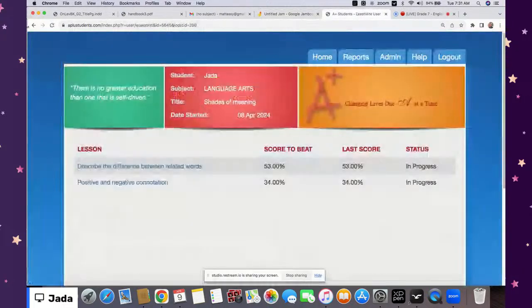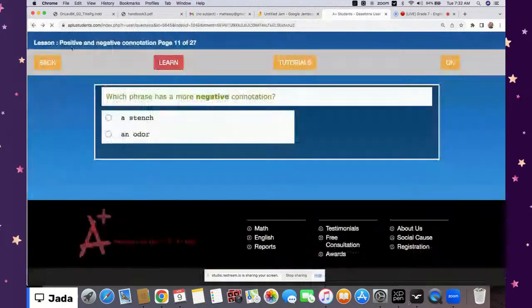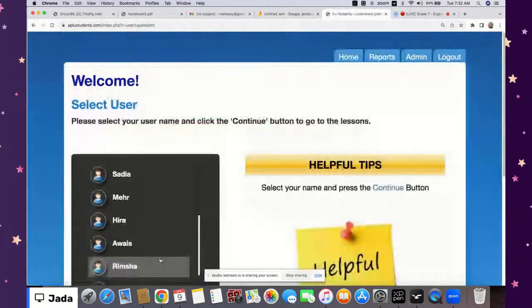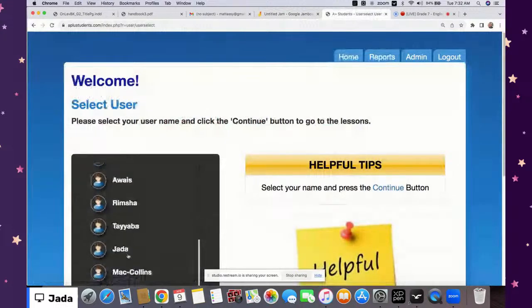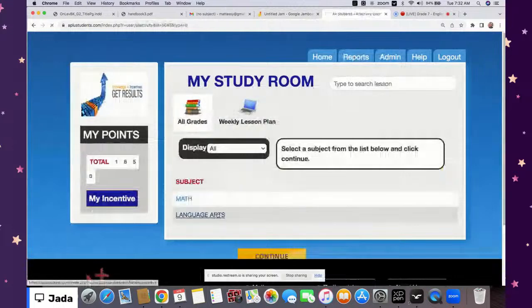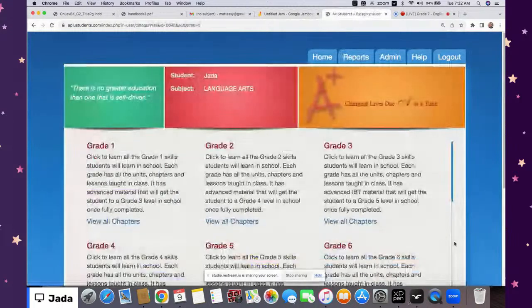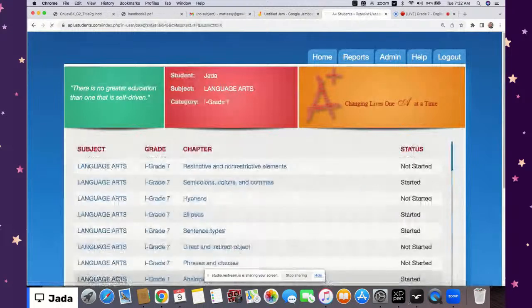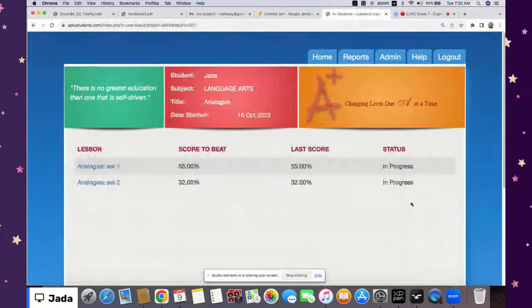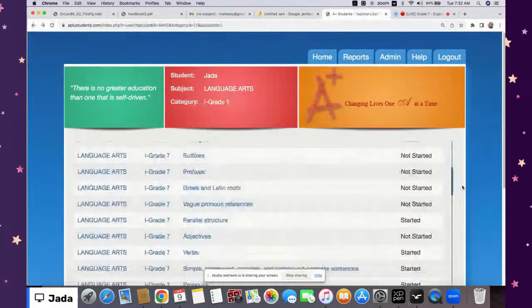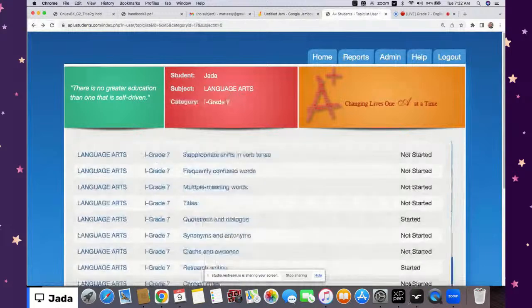If you have questions with any lesson, you can ask on any lesson from grade 7. The next lesson will start from a new topic. So you can ask any questions from here and I will explain to you.